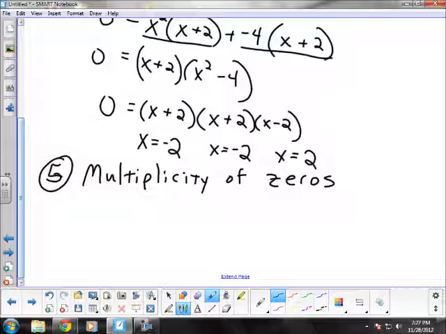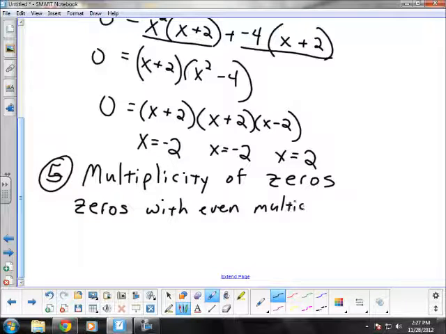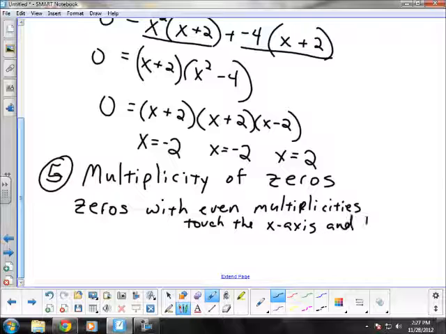Okay? Now, the way multiplicity works and how it has to do with my graph is that zeros with even multiplicity. So again, 2, 4. Touch the x-axis and bounce off. In other words, if it's above the x-axis, it'll come down, it'll touch the x-axis at that point at negative 2, and it will bounce off and go back up. It does not cross through it.